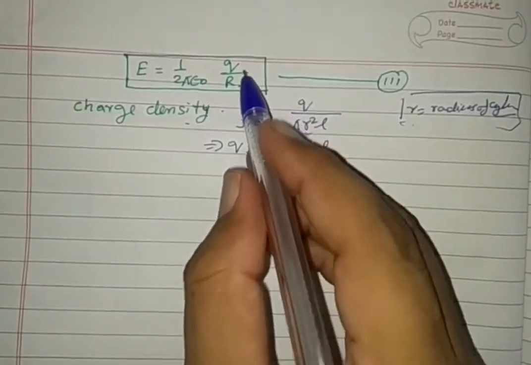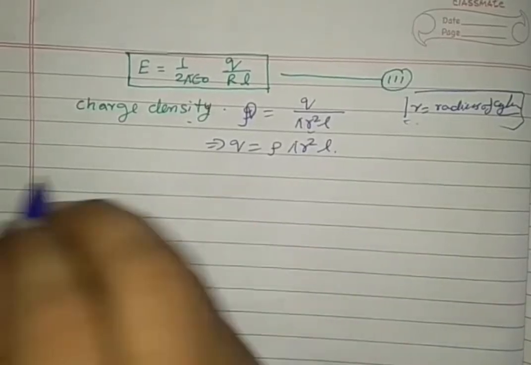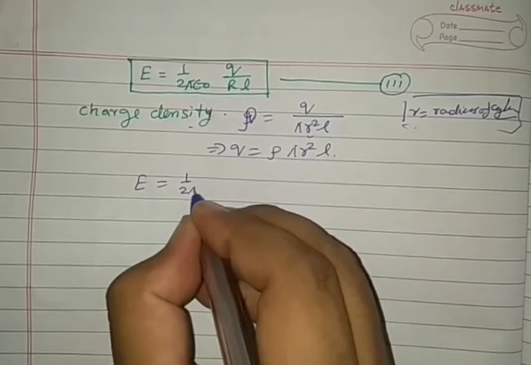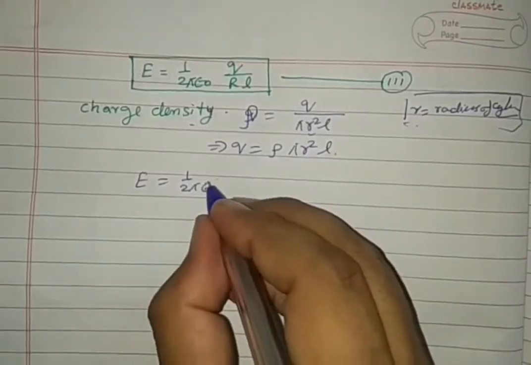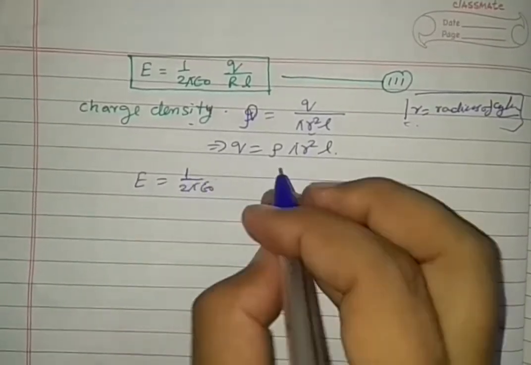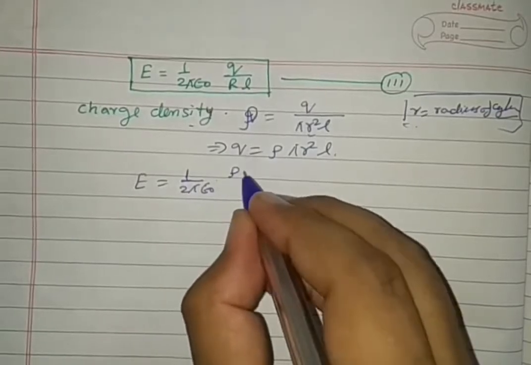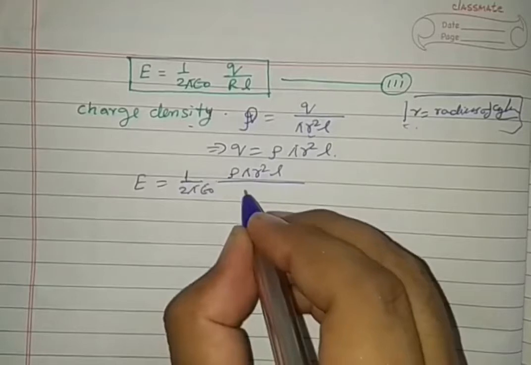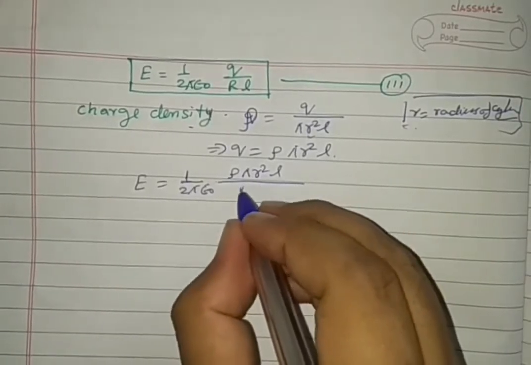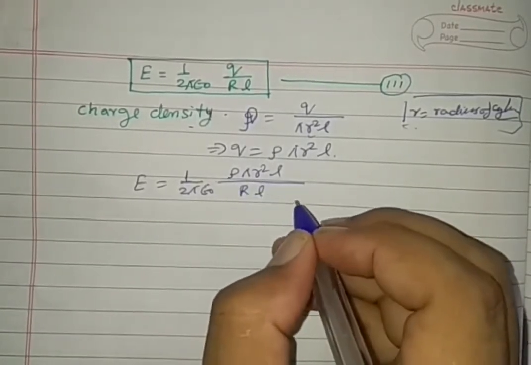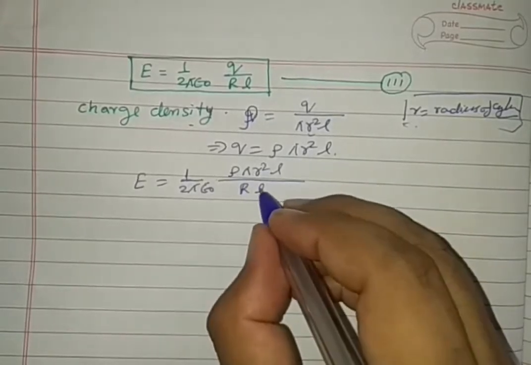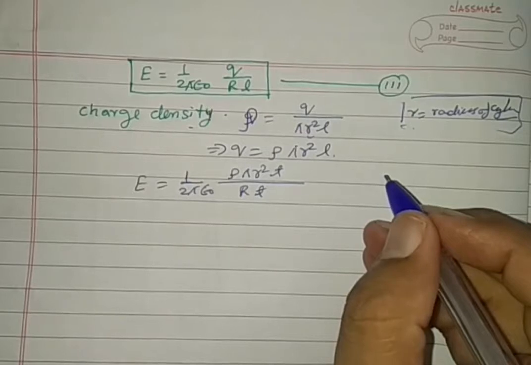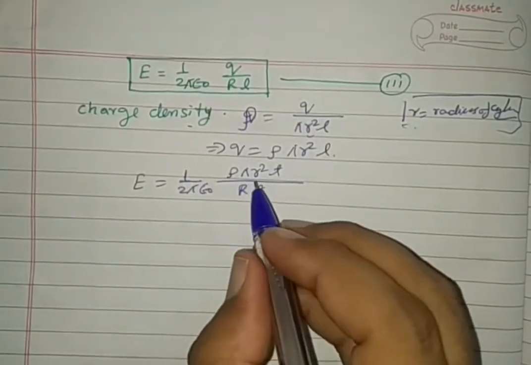So putting the value above in equation 3, equation 3 can be written as 1 upon 2 pi epsilon 0. See clearly, Q is rho pi r square L by RL. So in this formula, L is cancelled, pi is cancelled by pi.